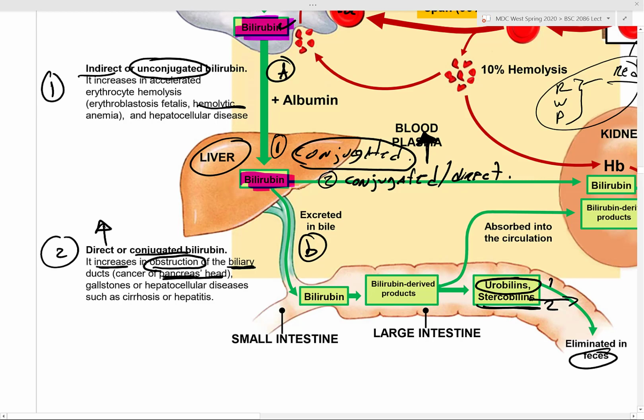Whenever you have a high bilirubin, but most of the bilirubin is unconjugated, what does that tell you? Where's the problem? Before the liver or after the liver? Before the liver.